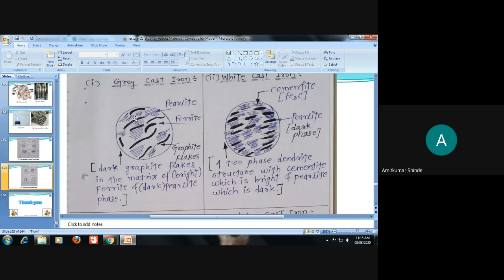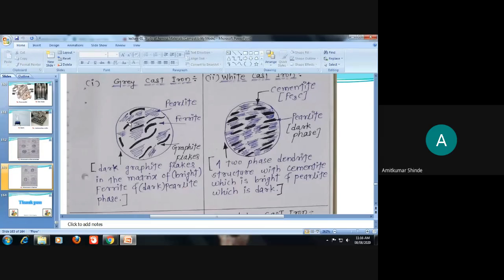Random orientation means flakes of different sizes are present, and the remaining amount will be ferrite and some amount of pearlite. The bright spots will be ferrite, the dark flake-like spots will be graphite, and the remaining dark portion will be pearlite.